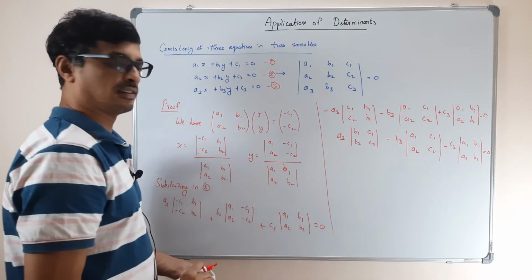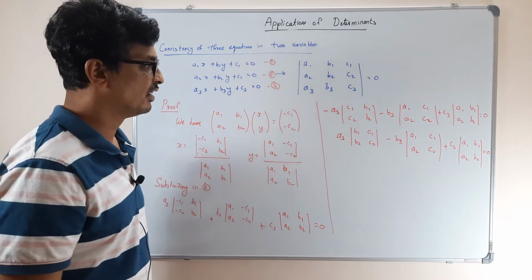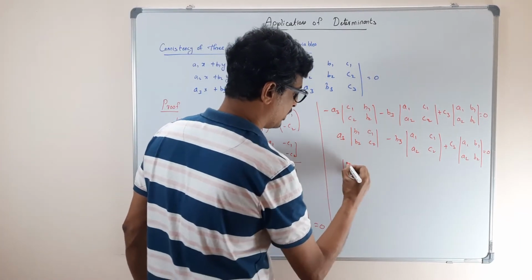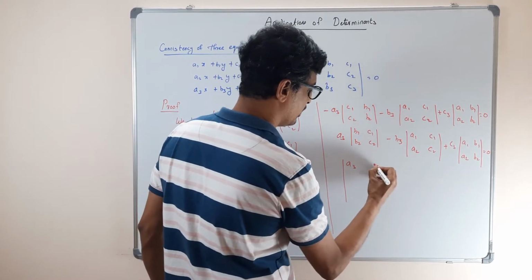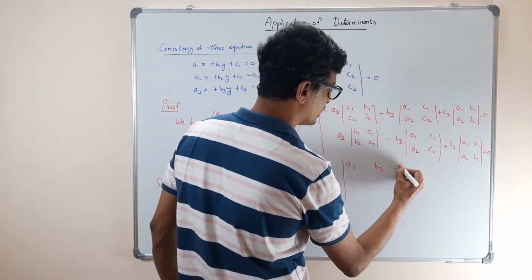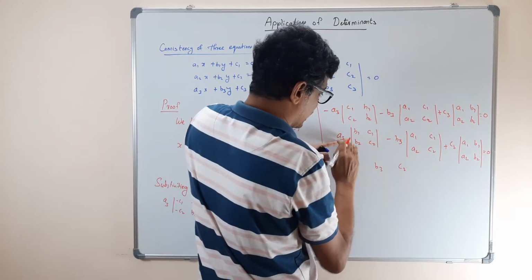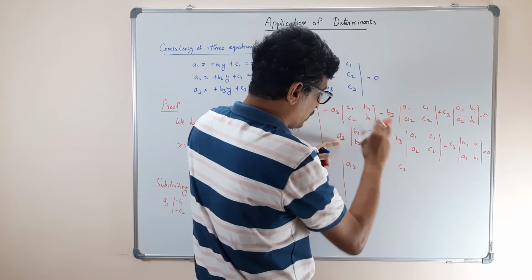Now what is this? Isn't it this one? If I give you a determinant like this, A3, B3, C3, okay? And if I take this, it is a cofactor of it, right? So what will you say?